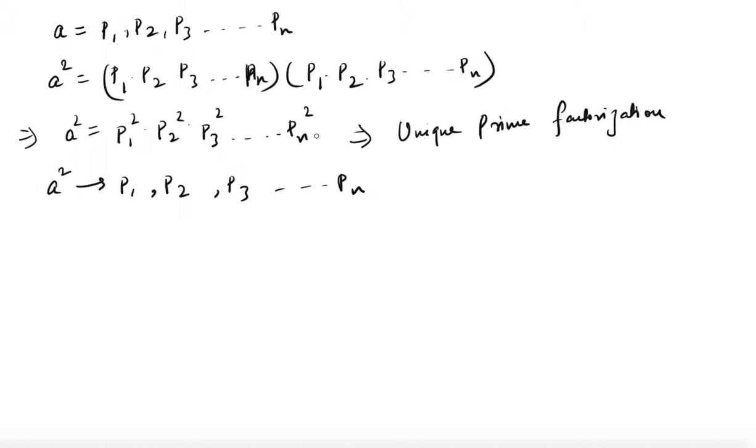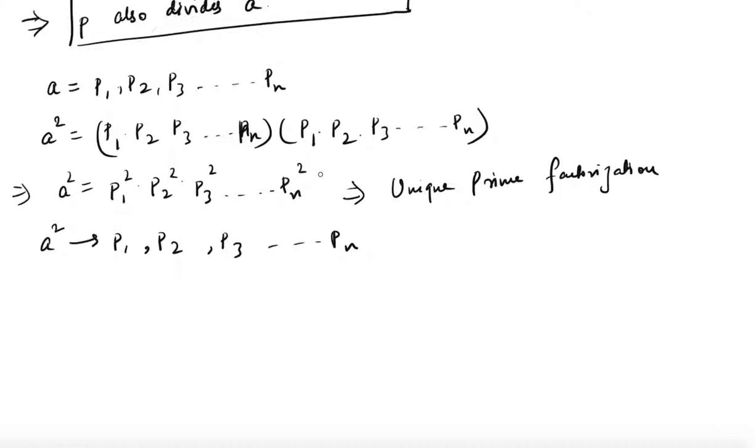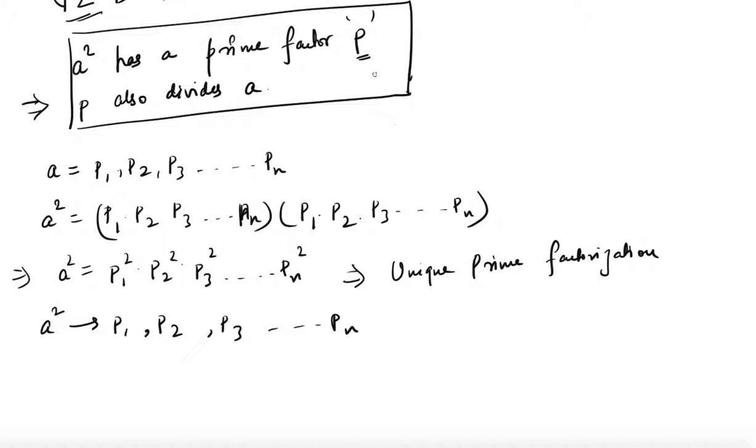And since initially we took the condition that a square has a prime factor p, I can say that p will belong to one of p1 to pn. P can be any one of them because p is also a prime factor of a square.